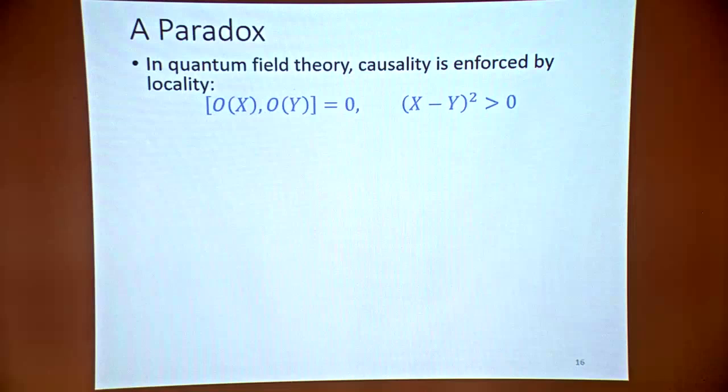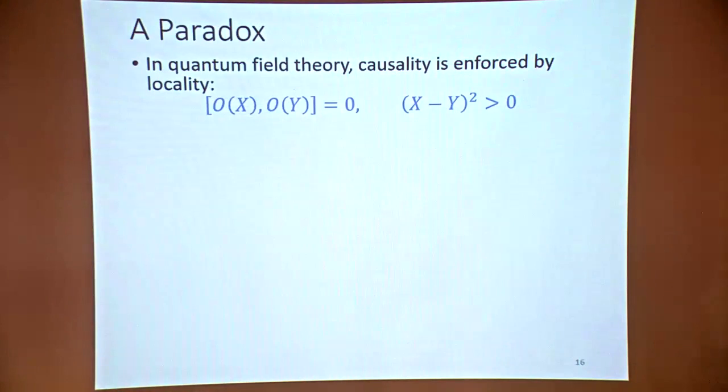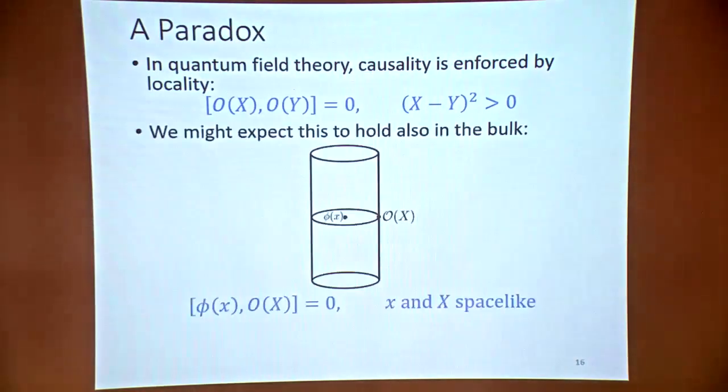We know that in quantum field theory, we have causality. And causality is enforced by locality, which is a statement that when two operators are space-like separated, they commute. Doing a measurement here will not immediately influence a measurement at another location. We might expect this to be true also in the bulk.